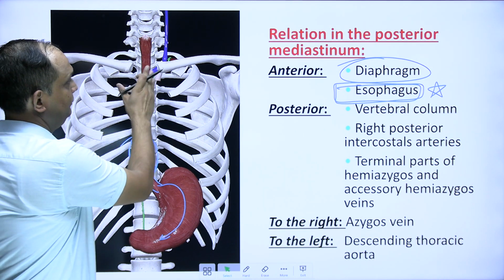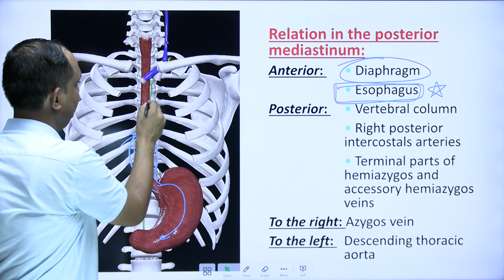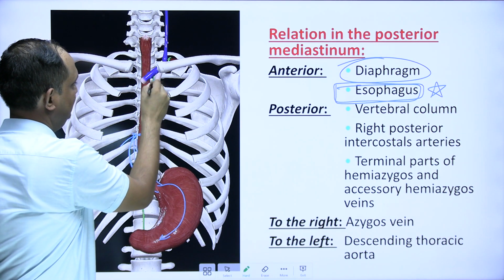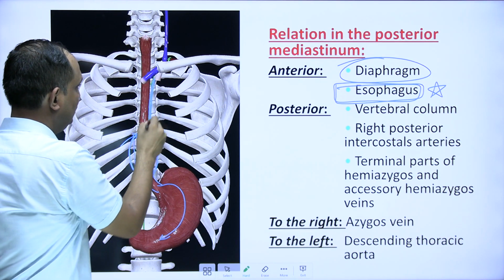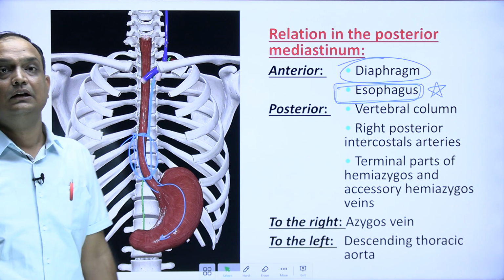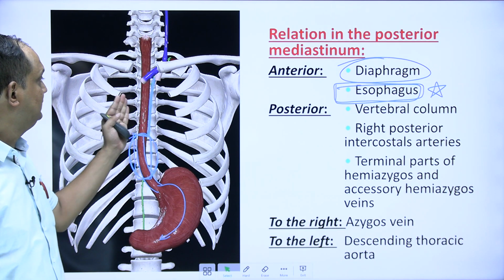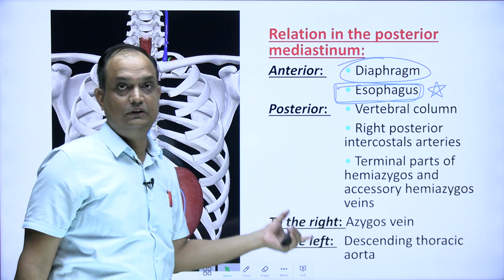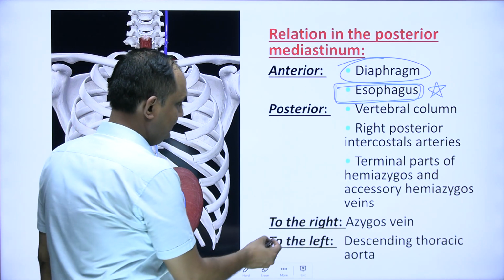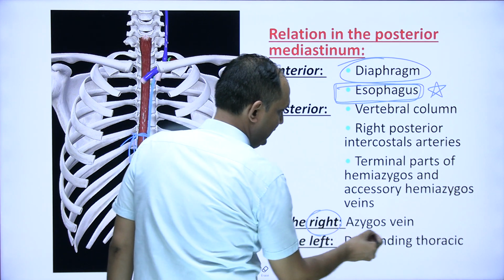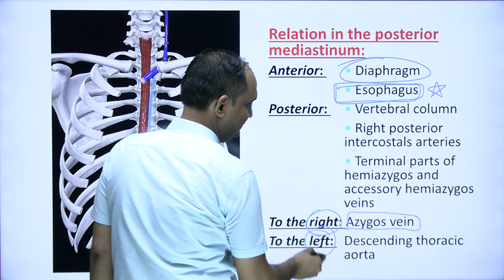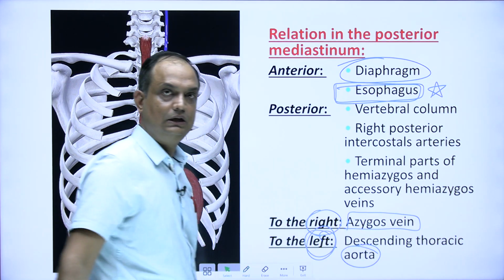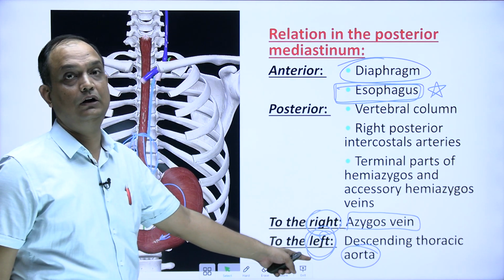As you go above, you will realize that the thoracic duct, as we have seen, comes on the left side. So, in most of the course, the esophagus has the thoracic duct on its left side. Clear? Posterior relations we will discuss in the coming slide in detail. On the right side again you have the azygous vein, on the left side again you will have the aorta. Clear? So, the right-left relation will not change.